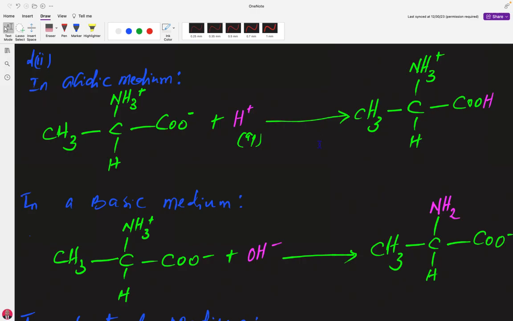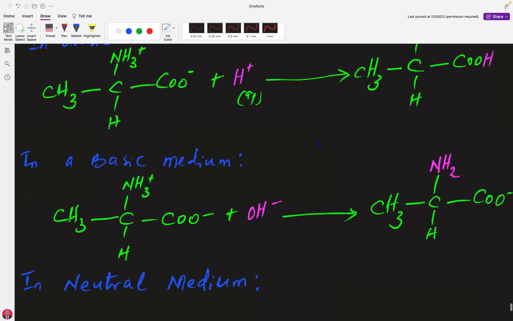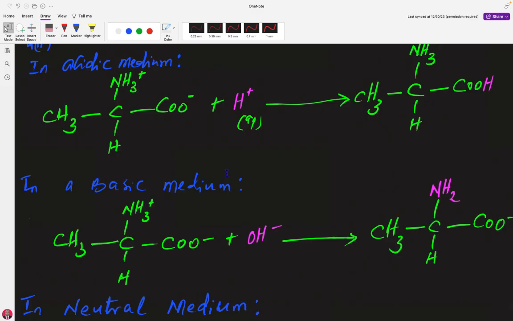Secondly, in the basic medium, the amino acid will act as an acid this time around. What is happening in the basic medium? The basic medium means high pH. And if it is high pH, it will have to bring it down.